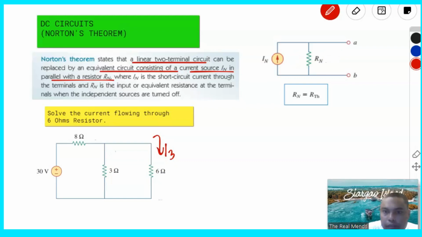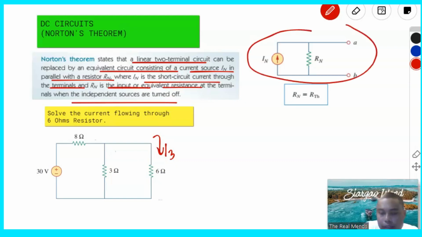Okay, and then where IN is the short circuit current flowing through the terminals and RN is the input or equivalent resistance at the terminals when the independent sources are turned off. So this is the Norton's equivalent circuit. We have IN, the Norton's current, RN, the Norton's resistance.